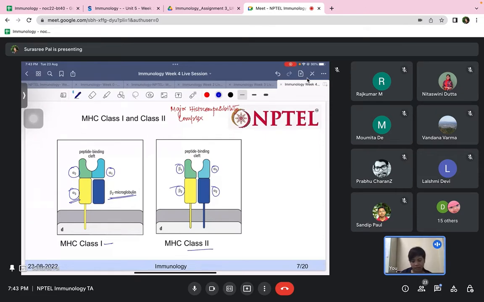In class 1, alpha 1 and alpha 2 come close together and form the peptide binding cleft where the antigenic peptide will bind. In MHC class 2, alpha 1 and beta 1 together form this peptide binding cleft. This is the basic structural difference between MHC class 1 and class 2.